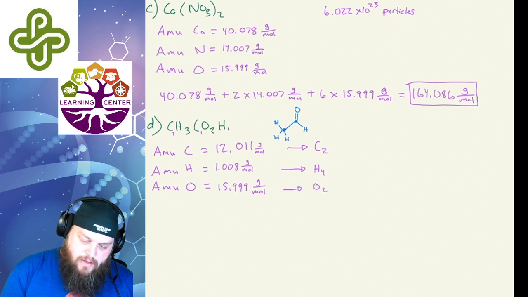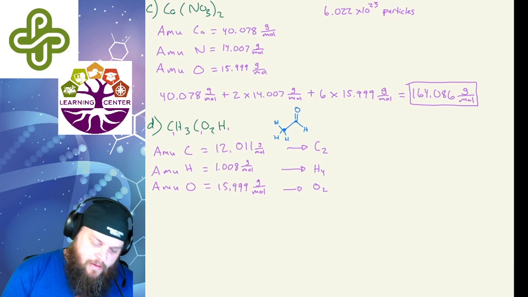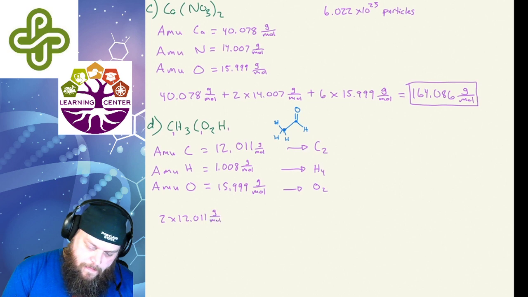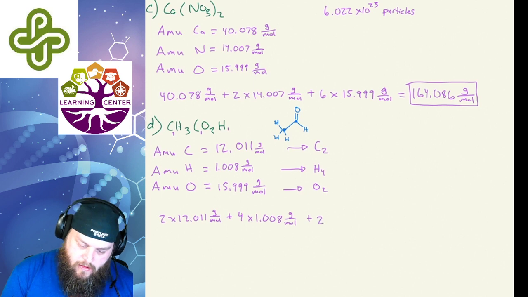So I can use those coefficients now when I'm multiplying everything up. So I can say 2 times 12.011 grams per mole, plus we have 4 times 1.008 grams per mole, plus 2 times 15.999 grams per mole.